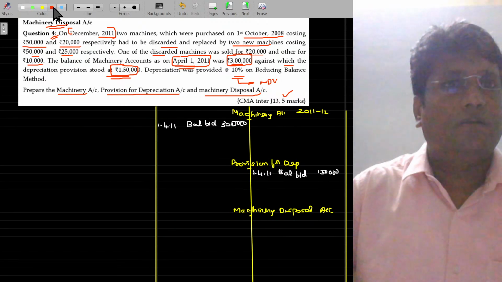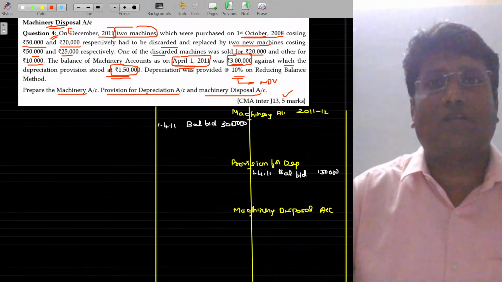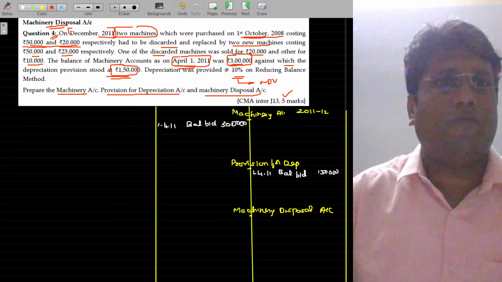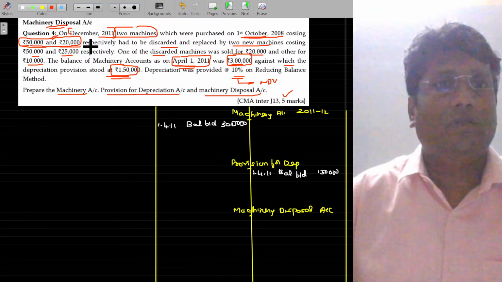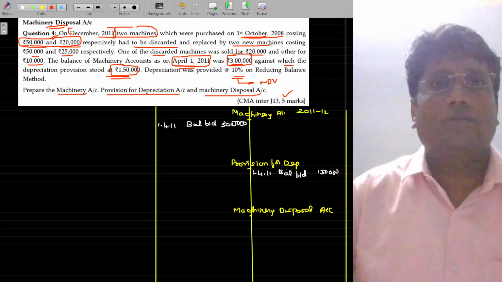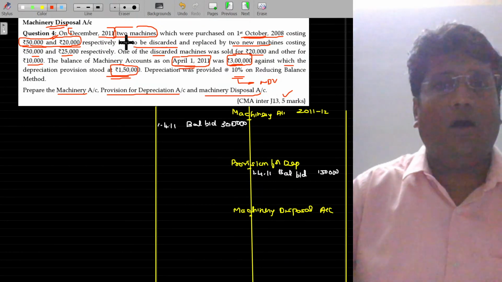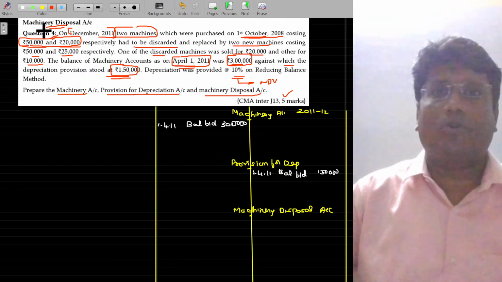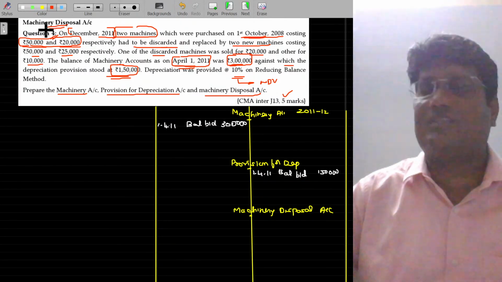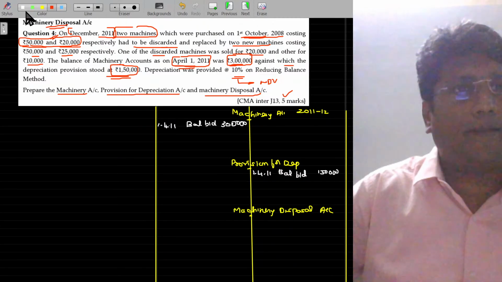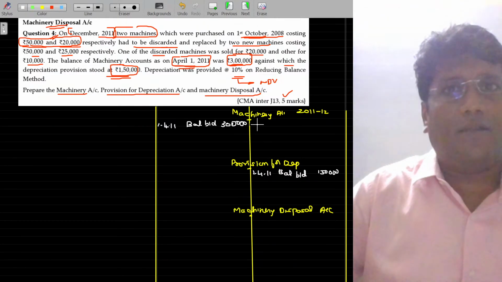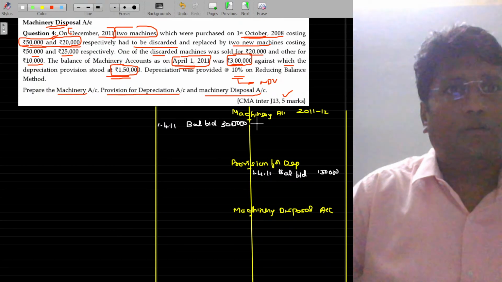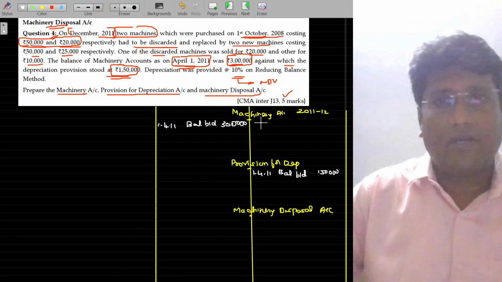Here 2 machines which were purchased on 1st October costing 50 and 20 respectively had to be discarded. Then automatically any asset sold, the original value of the asset sold will be transferred from the machinery account to the machinery disposal account. Right. On which date? December 2011.